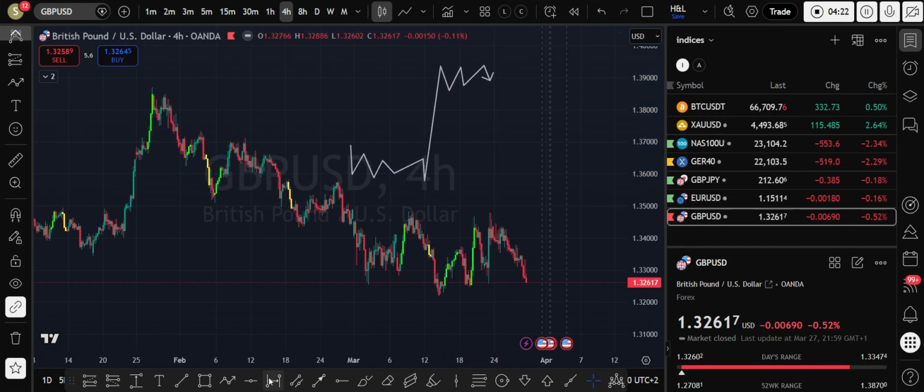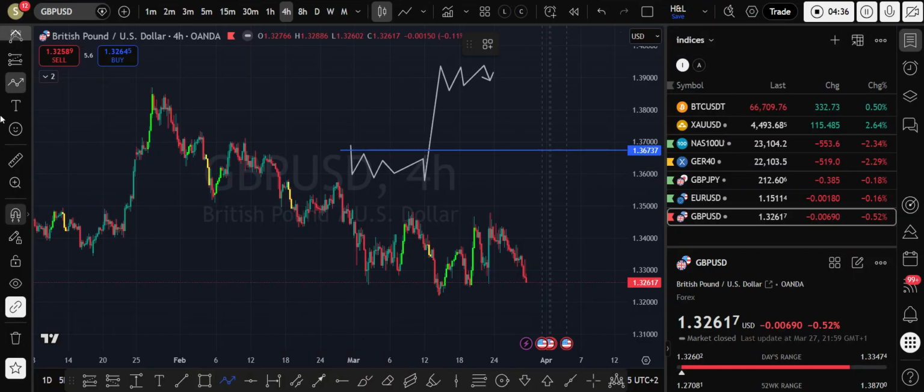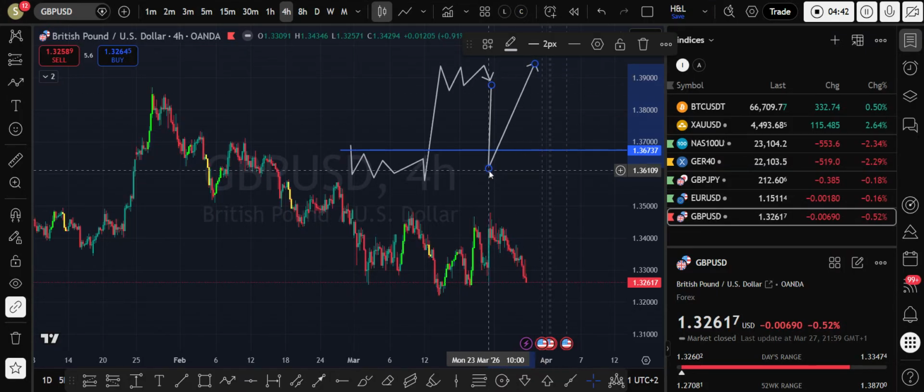For example, you see there is a level here where the market broke this line. So there is an order block that pushed and broke this line. The market will pull back to that order block level and move. So that's how I do my market structure.